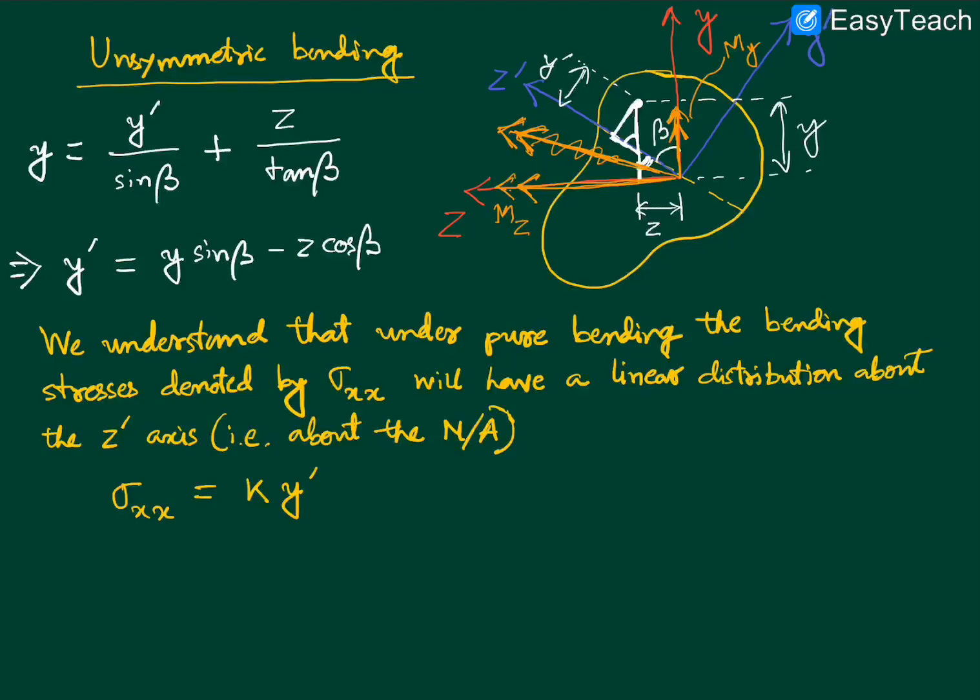So now that we have this picture in our hand, what we can do is try to express the mz and the my using the sigma xx. So let's see how we can do this. While we do this, we will first be using the y-axis and the z-axis, because of course the my is oriented along y and the mz is oriented along z.